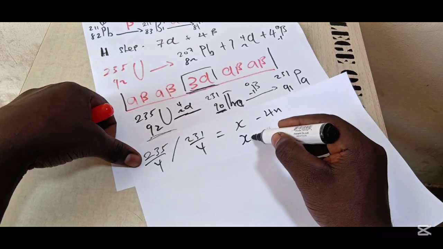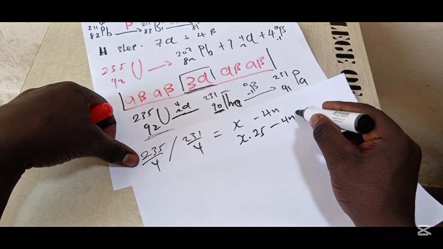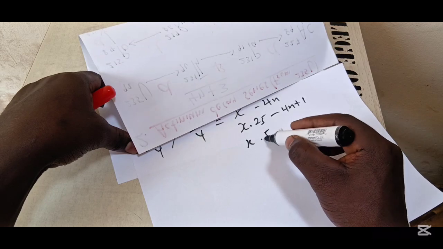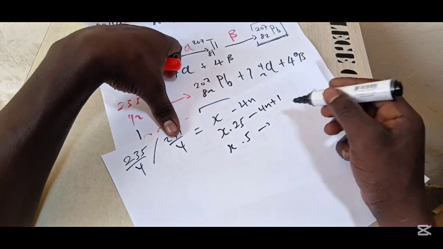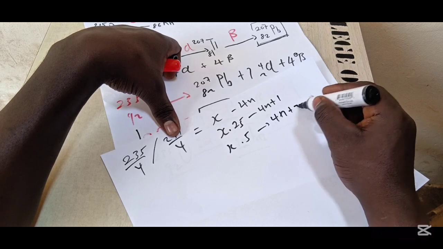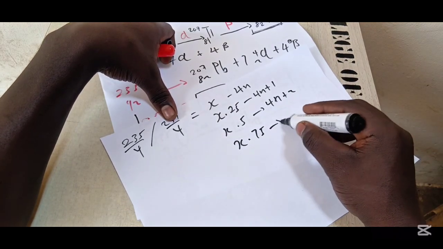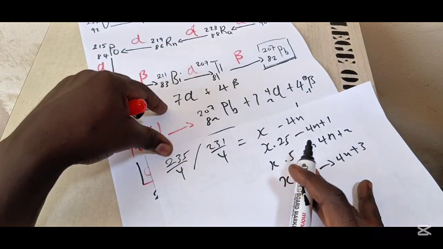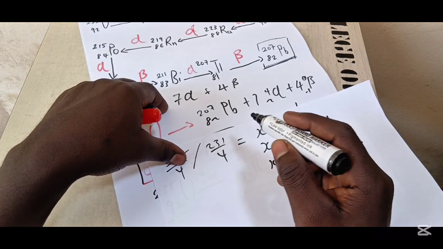If you get 0.25, then it's a 4n plus 1 series. If you get 0.5, it's a 4n plus 2 series. If you get 0.75, it's a 4n plus 3 series. So dividing 231 or 235 over 4, what do we get?